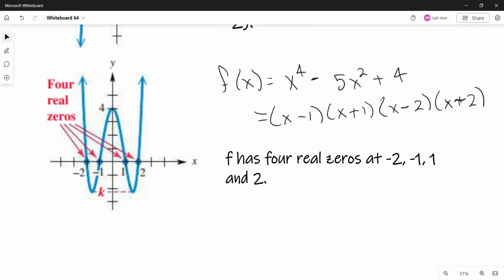And the last graph is another polynomial of even degree. Okay, so I'm copying that graph.